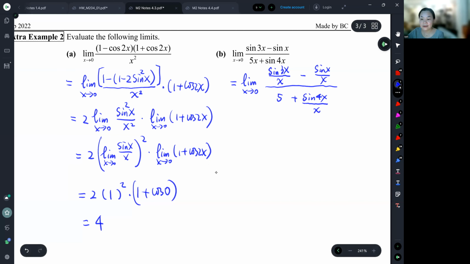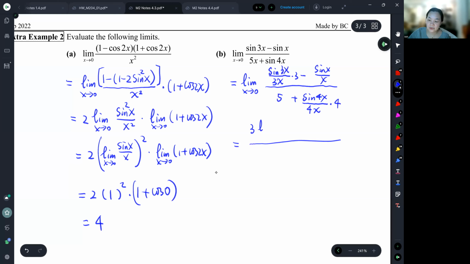Now when doing this, you're creating a lot of special limits. To do that, I will multiply 3 here and then multiply 3. And this one, I don't have to do anything. And with the last one, I will multiply 4 here and then multiply 4. You know what I mean? And then I'll write a lot of limits.